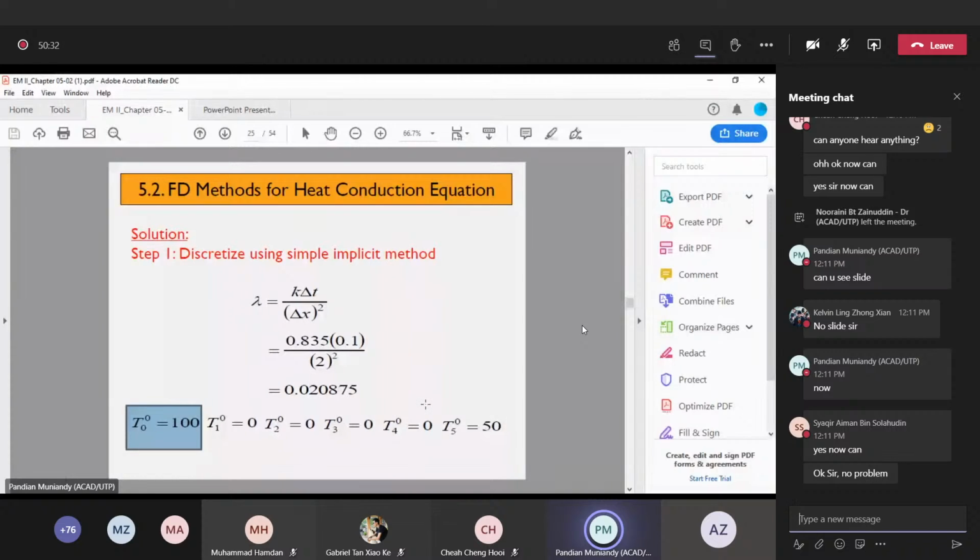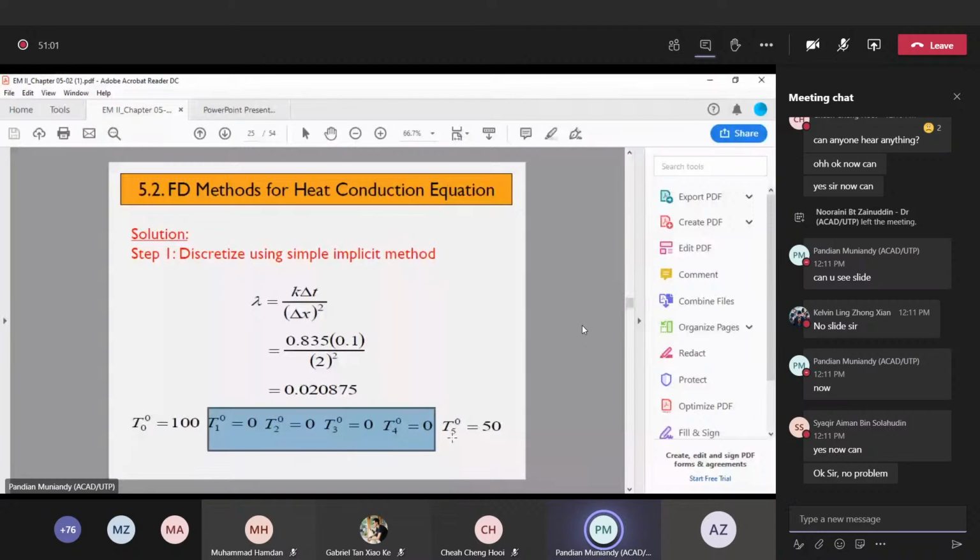But the most important thing is the subscript. This subscript T0 means the temperature at the initial distance x, where x is 0, and that is 100 degrees Celsius. In between, all 0.